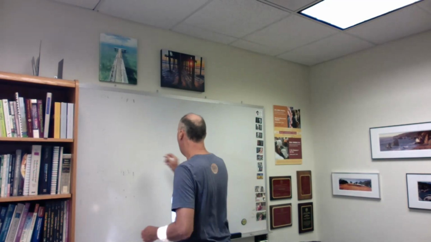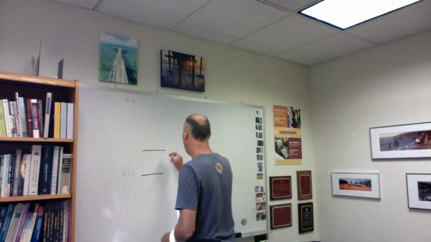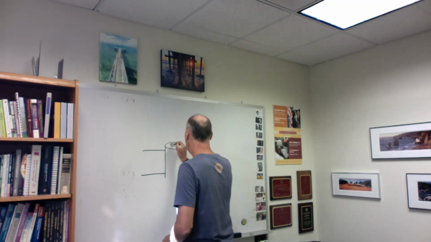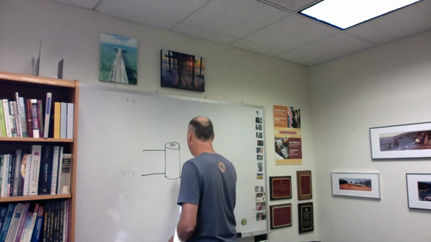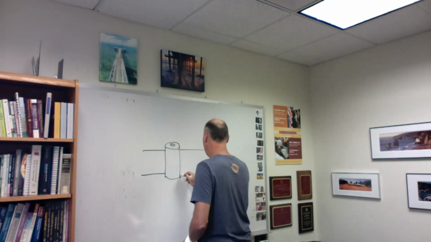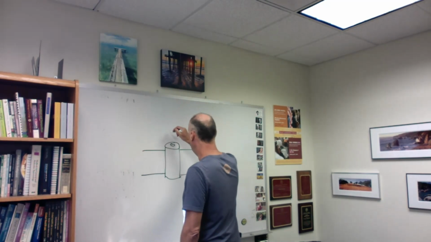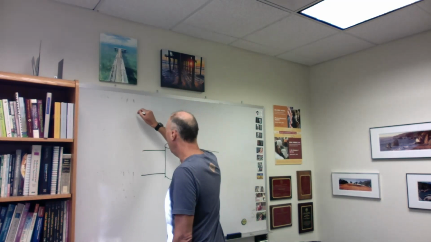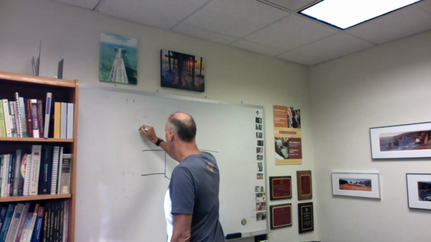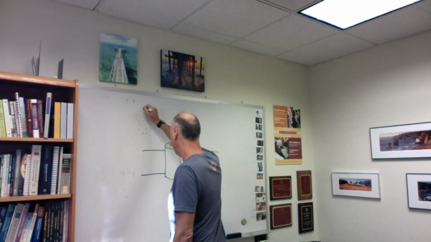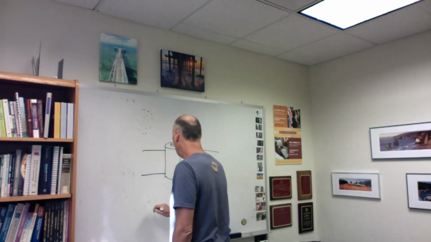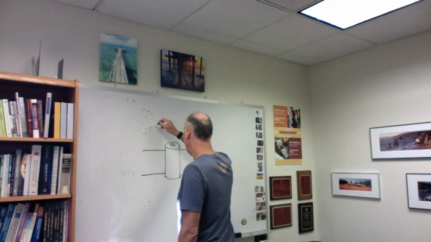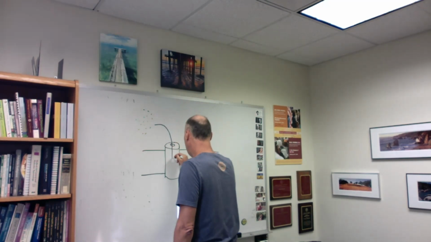So if we have our membrane here, then often we have transport systems. Obviously, this is a very idealized barrel here where things can come across, right? So if you have a concentration gradient where you have a lot higher concentration of something out here than you do in here, then it may be sufficient to have this concentration gradient drive transport.